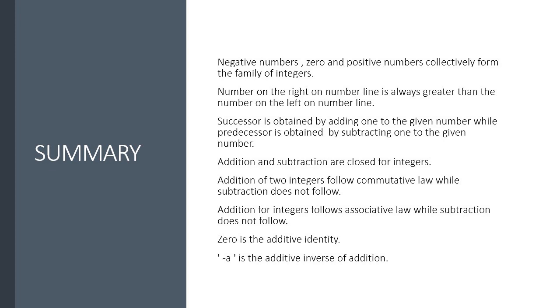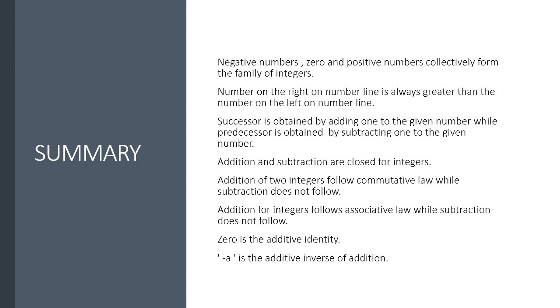What does it say? Negative numbers, 0 and positive numbers collectively form the family of integers. Numbers on the right on number line is always greater than the number on the left on number line. Successor is obtained by adding 1 to the given number, while predecessor is obtained by subtracting 1 from the given number.